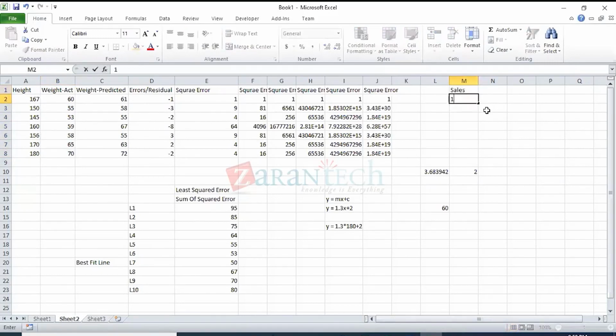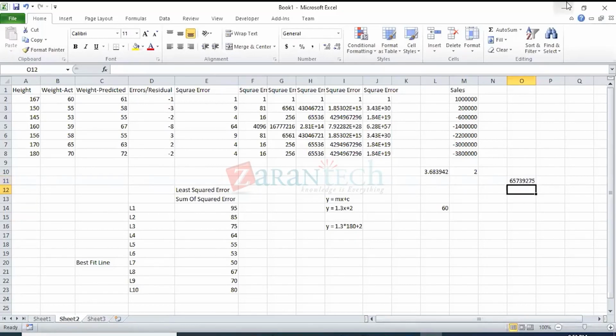Then the values could be in lakhs or crores, right? So it is very difficult to interpret. We don't know whether it is a good RMSE or a bad RMSE.